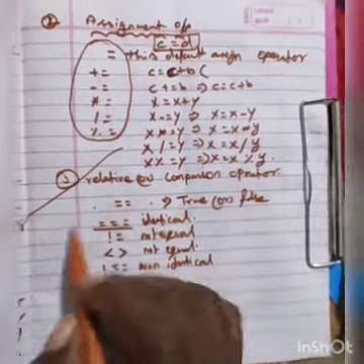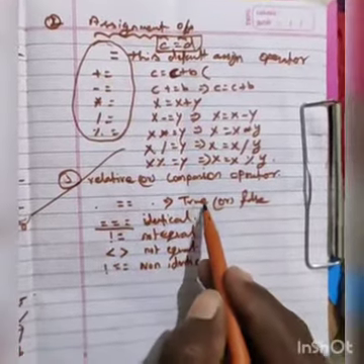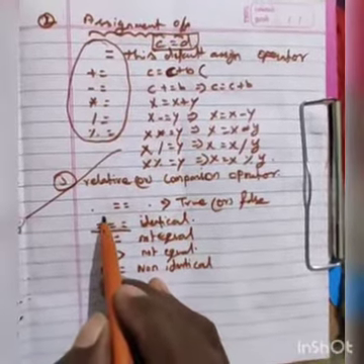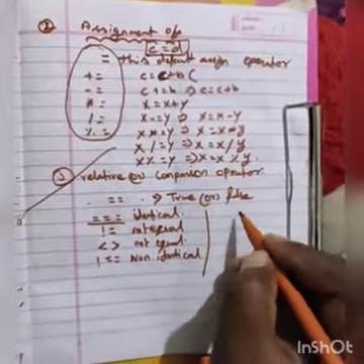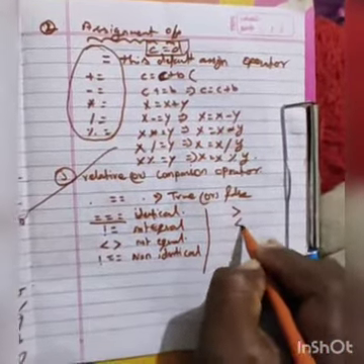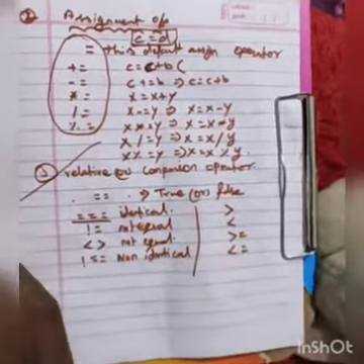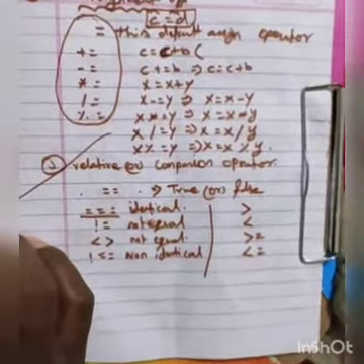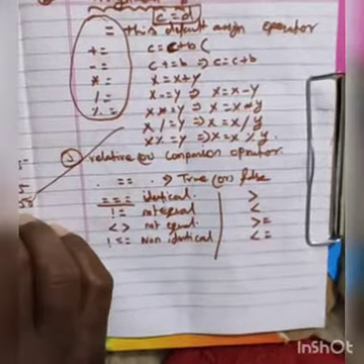These operators compare two values. If the same, true will come. If not the same, false will come. Also greater than, less than, greater than or equal, less than or equal are comparison operators.